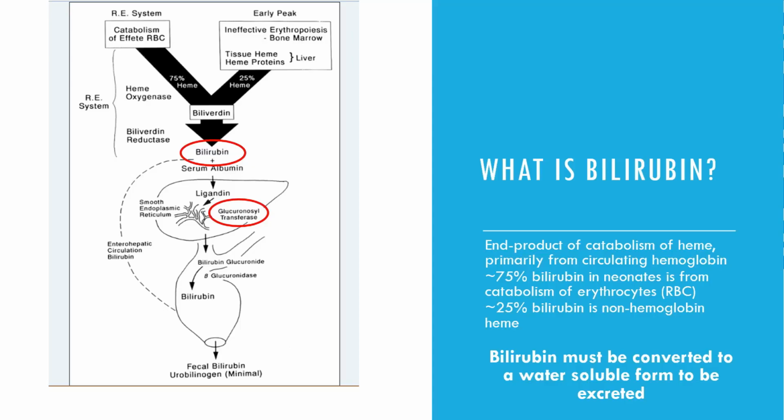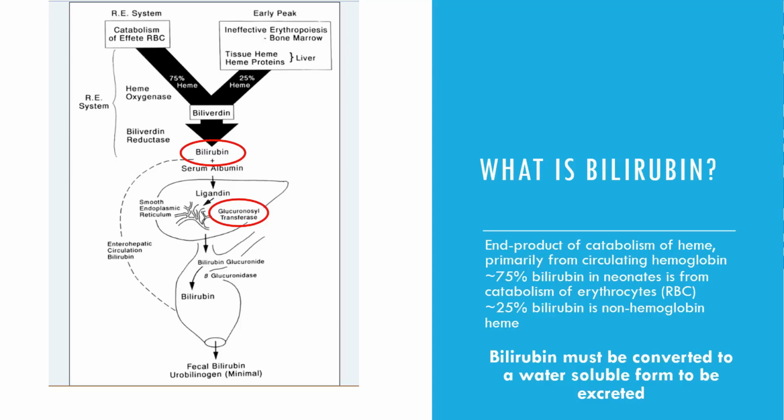Now I have this circled with red because this is a key point in the process, because after this biliverdin has interacted with biliverdin reductase, it is now unconjugated bilirubin. So it's the stuff that causes the majority of our hyperbilirubinemia scenarios in our neonates. So it's an important point in this bilirubin cycle.